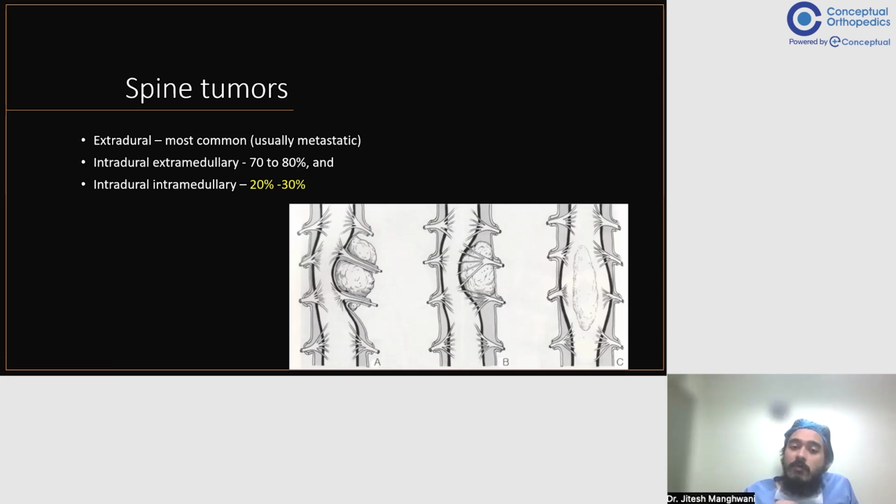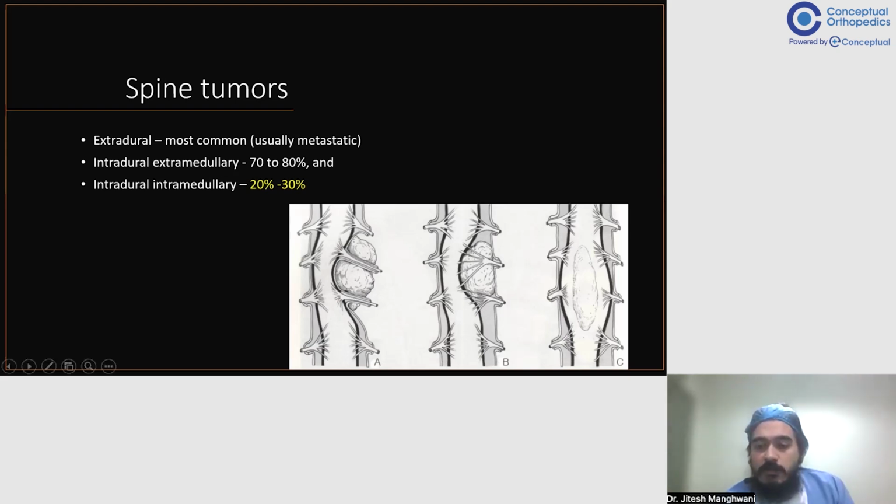Now, I'm going to repeat in short. Extradural is the one in which the tumor is present outside the spinal cord and causes compression from the outside. Intradural are the ones in which the tumor is present inside the dura. If ever the tumor is present like a space occupying lesion and it is not engulfing the elements of the spinal cord, that is intradural extramedullary.